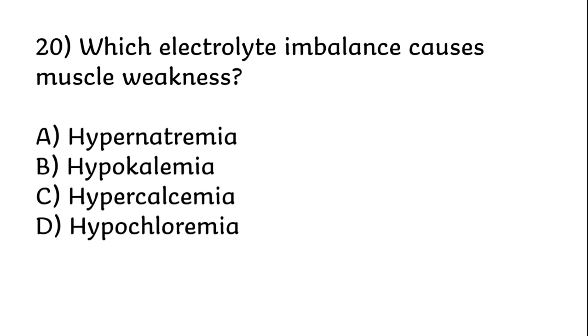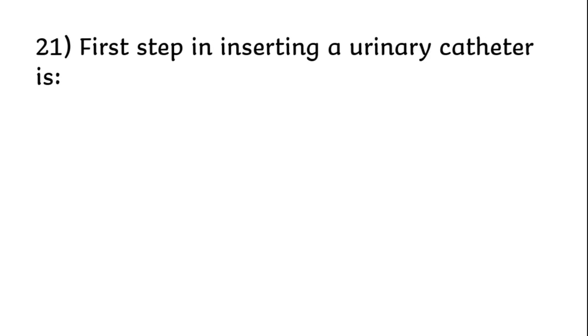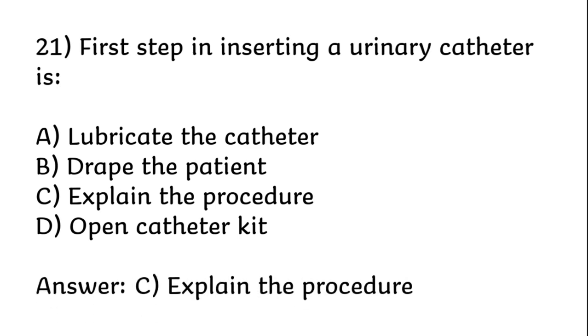Hypernatremia, hypokalemia, hypercalcemia, hypochloremia. Correct answer is option B, hypokalemia. First step in inserting a urinary catheter is lubricate the catheter, drape the patient, explain the procedure, open catheter kit. Correct answer is option C, explain the procedure.